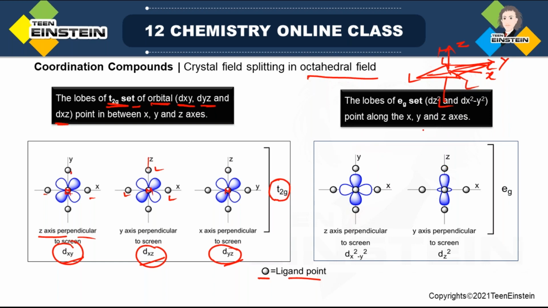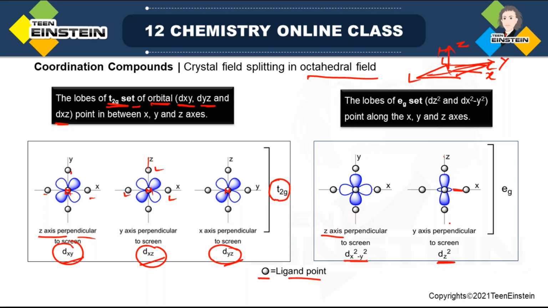When it is the other two, that is dx square minus y square and dz square, what will happen? For dx square minus y square, the orbitals are on the xy plane. So see here, the plane of the screen is the xy plane. Z axis is perpendicular to the screen, that is, z axis is towards us and away from us. Similarly, when it is dz square, obviously now z axis is on the plane of the screen.